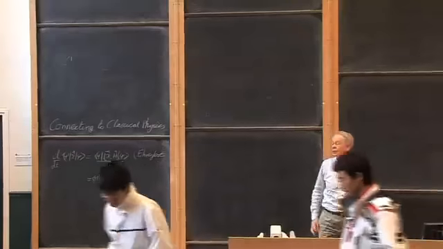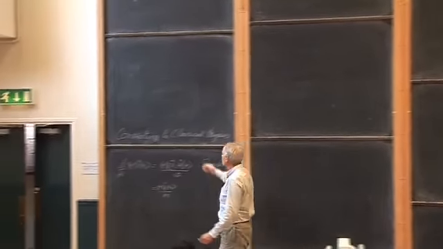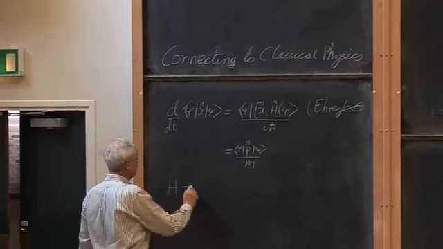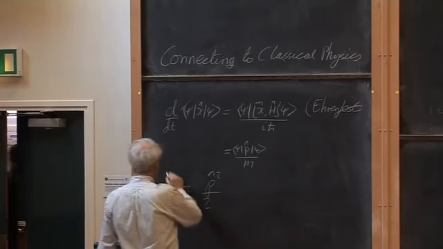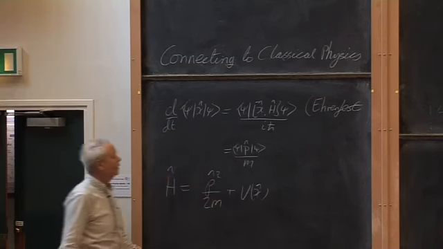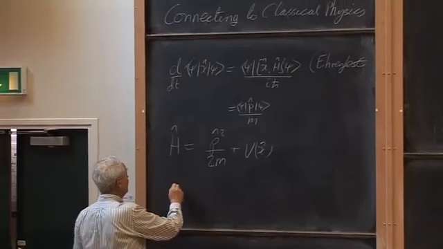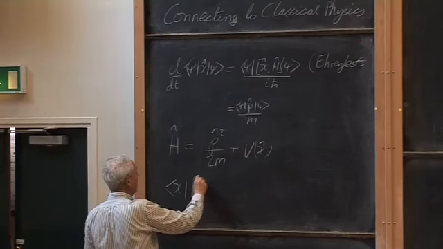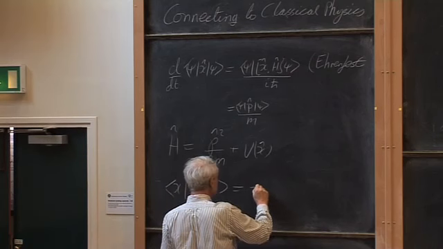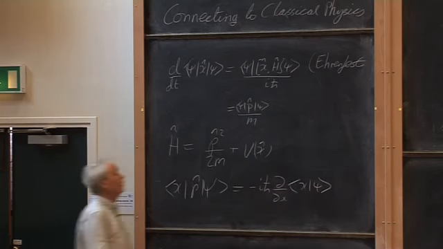So we finished yesterday with this little application of Ehrenfest's theorem, on the understanding that the Hamiltonian operator is p squared over 2m plus V, the potential energy, inspired by classical physics, and on the understanding that p is the operator defined by the relation p hat acting on psi is equal to minus i h bar d psi by dx.